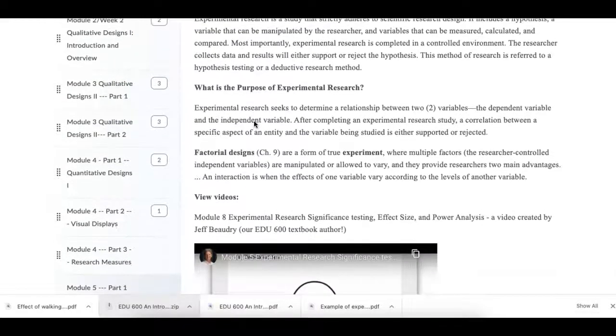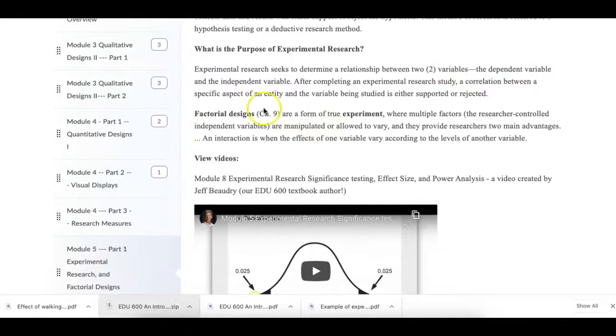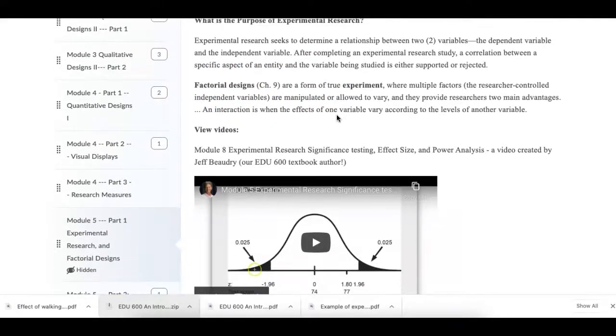What's the purpose? You're looking for the relationship between the two variables, the dependent variable and the independent variable. In Chapter 9, we get into a version which is really a true form of an experiment, and I'll get into that a little bit in the future.